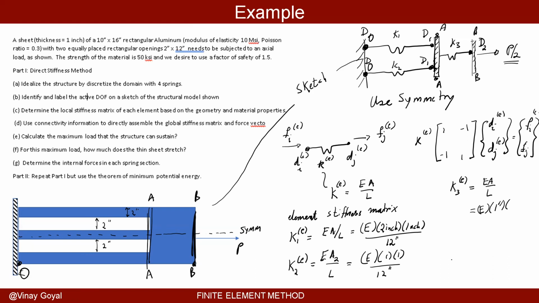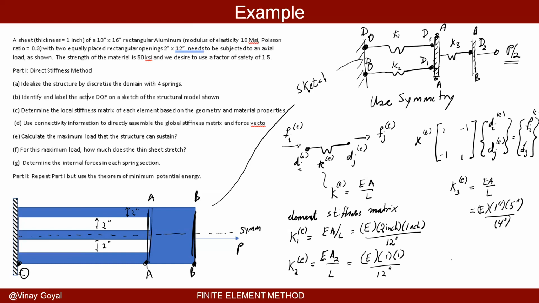From this point to this point is 12. So we have 4 left, right? The height is 10, divided by 2, so half of that would be 5. And the length would be 4 inches.